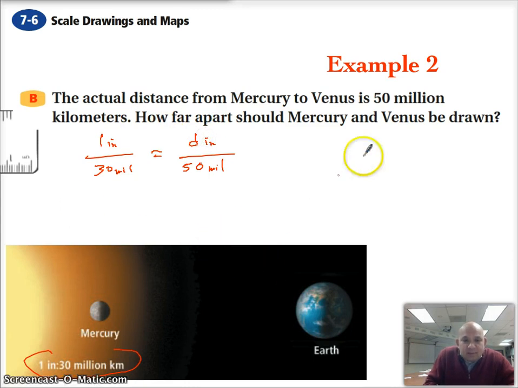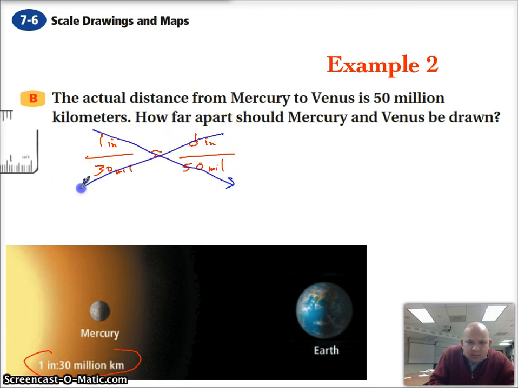So we're going to go ahead and do cross products. Another way of saying cross products is cross multiply. So we have 50 over here, 30 times d over here. And then in order to isolate the variable, we have to divide by 30. So 50 divided by 30. D equals, well, what number?